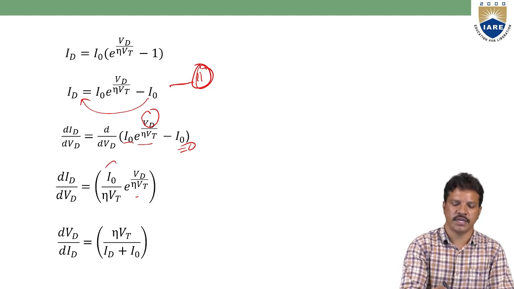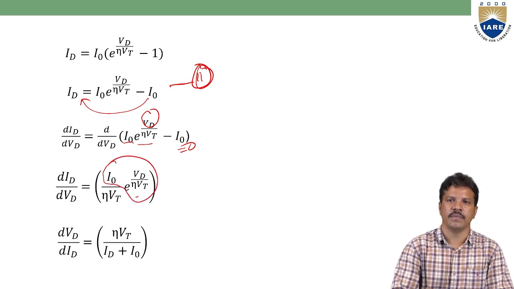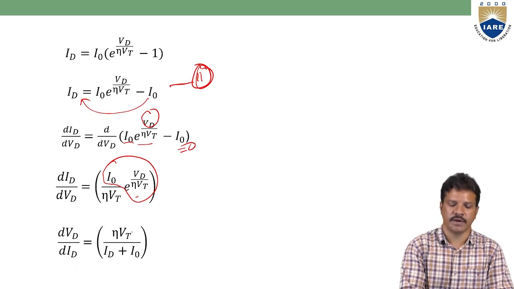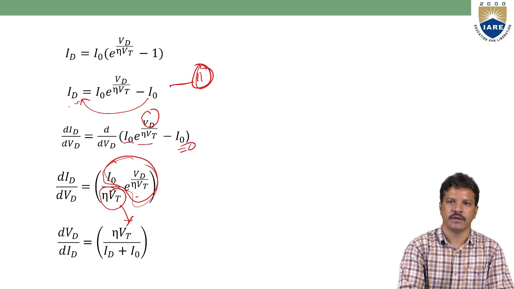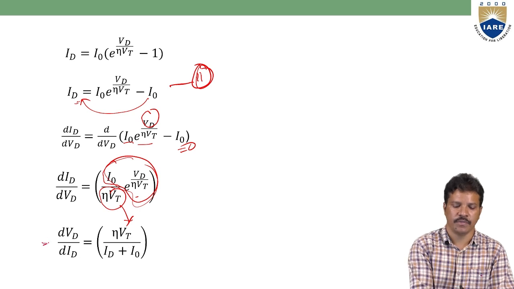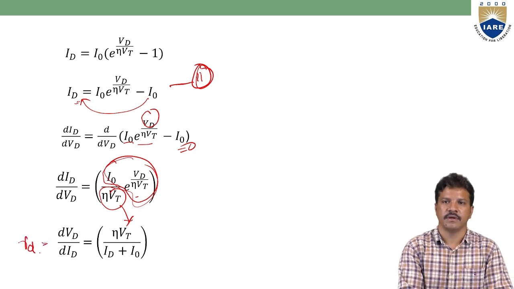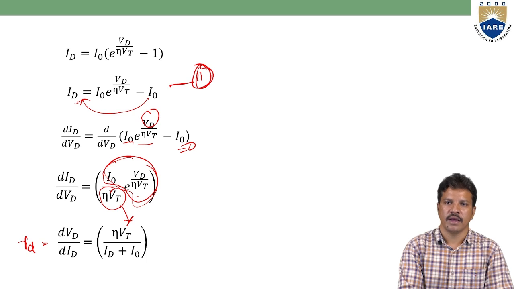So when we take dVD by dID, the denominator term comes to the numerator, and this term is equal to ID plus I naught. So totally dVD by dID, which is equal to the dynamic resistance, is eta VT by diode current plus reverse saturation current I naught.